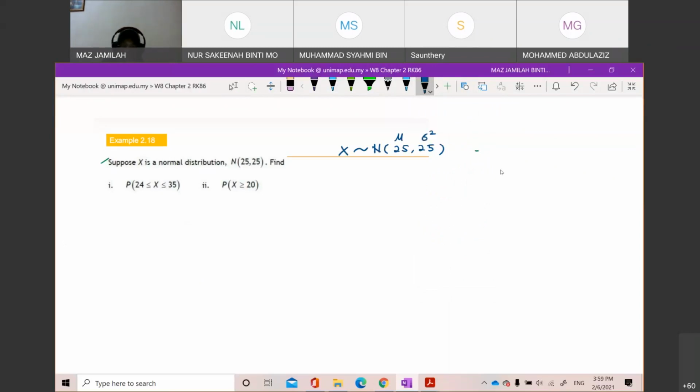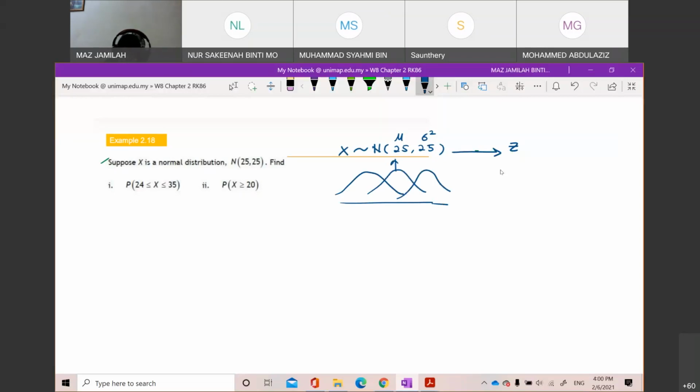Now, in order to solve the normal distribution question, remember we need to standardize back into standard normal. Why? Because if we have a different mean, you would have to refer to a different normal distribution table.